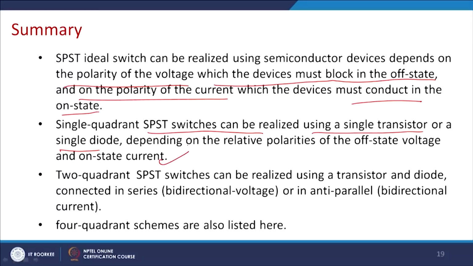And two quadrant SPST switches can be realized by a transistor and a diode connected in series for bidirectional voltage or anti-parallel for bidirectional current, and four quadrant switches can be realized by two SPST or two SPDT switches.